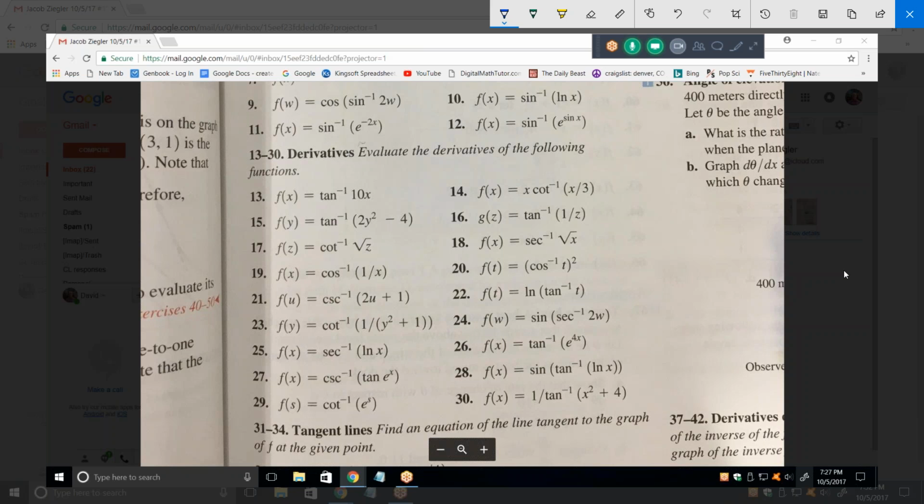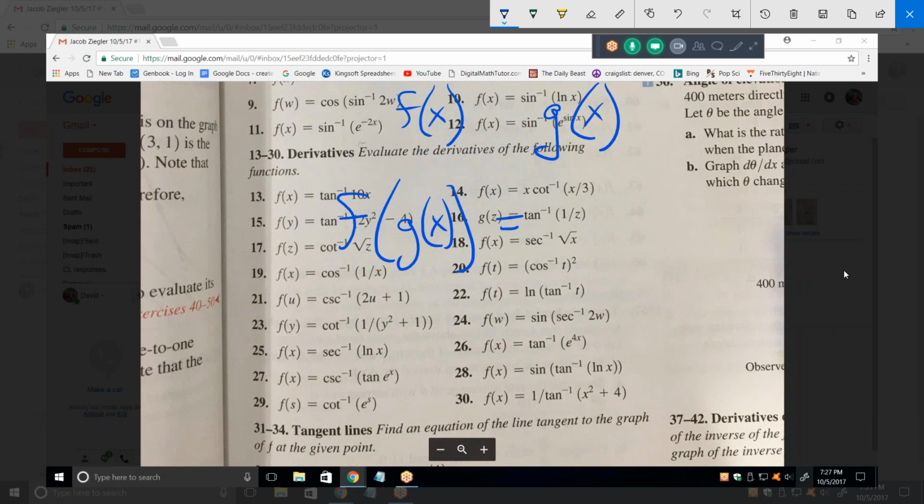First of all, if f and g are inverses of one another, then we know that f of g of x is equal to what, by definition of inverse?